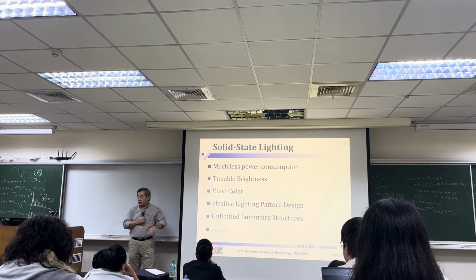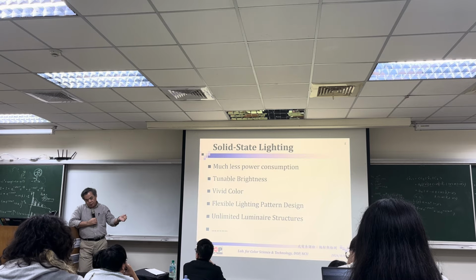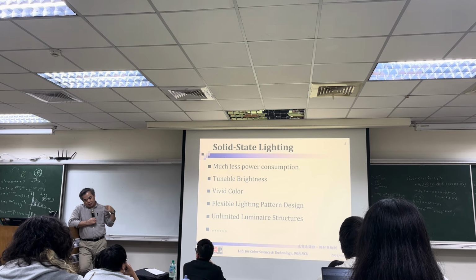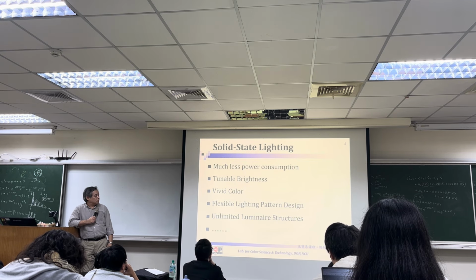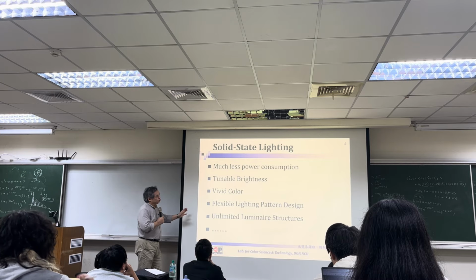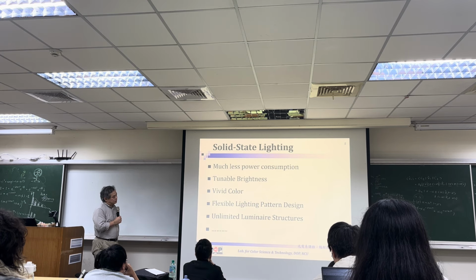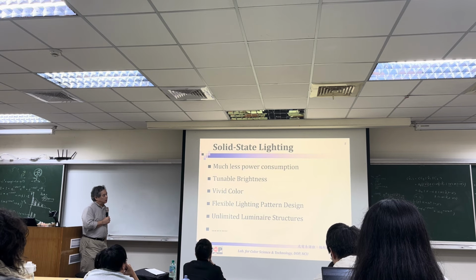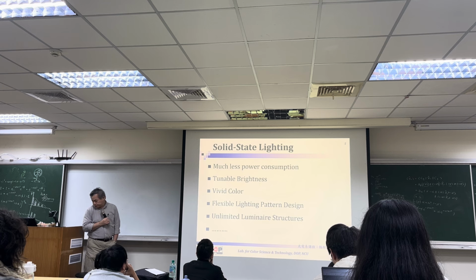We can make the light source from a small point or a linear line or curvature, or some curved surface. So very diverse applications for light source have been created.